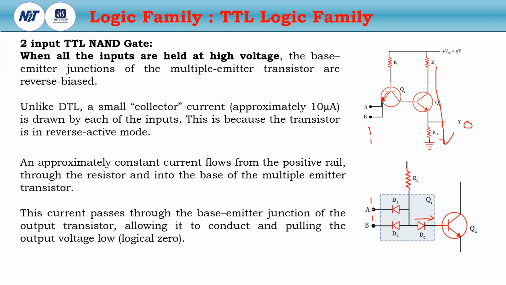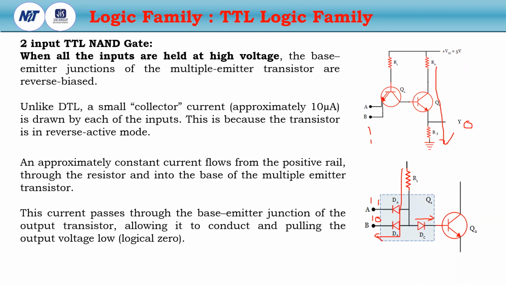Now if any one of the inputs is 0, say this is 1 and this is 0, then what happens? Both diodes DA and DB are in parallel. Due to the low resistance of this, the current will flow like this. So this diode DC is in reverse bias. So the Q2 will not operate and will be in the cutoff state.